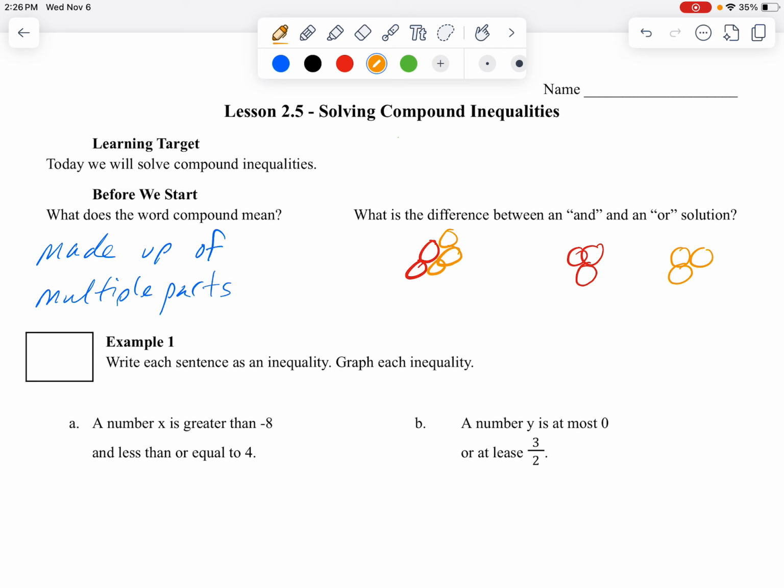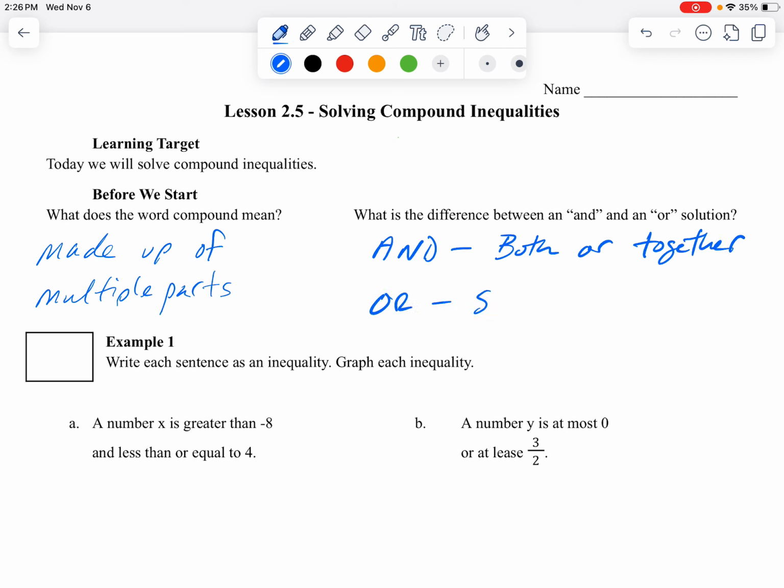So I've got two separate things. That might be the best way for us to think about and and or. If we are using the word and, that means both, or together. And if we use the word or, that means we're talking about separate.